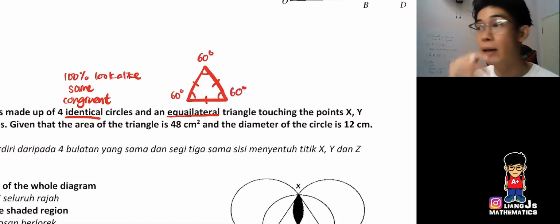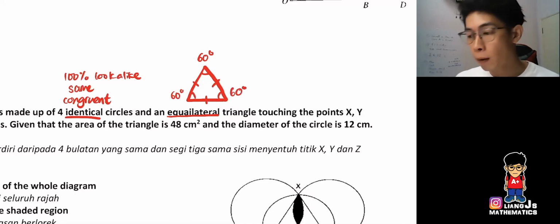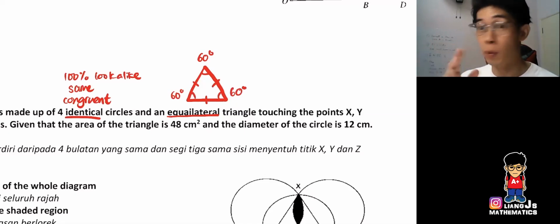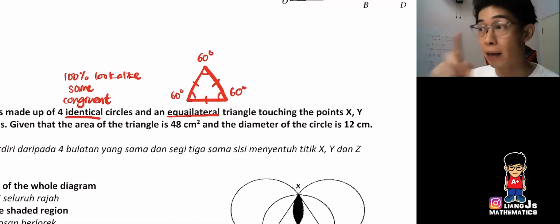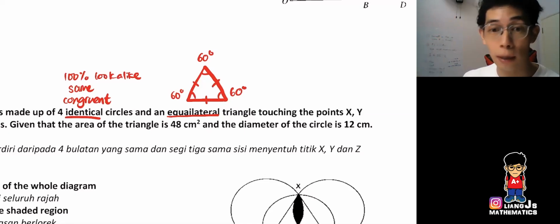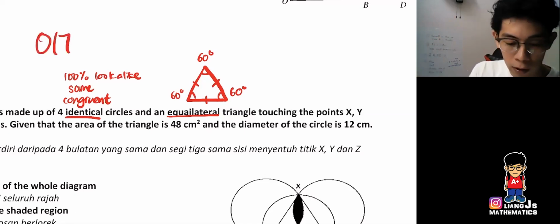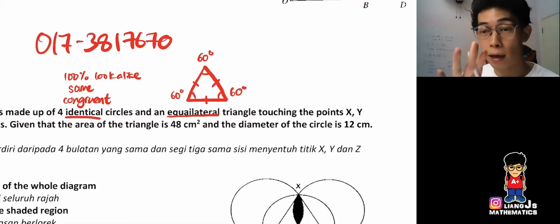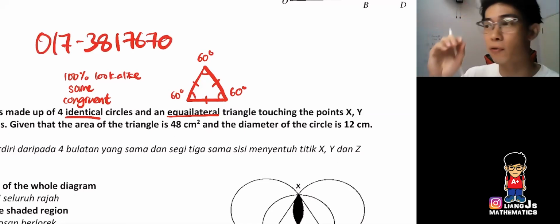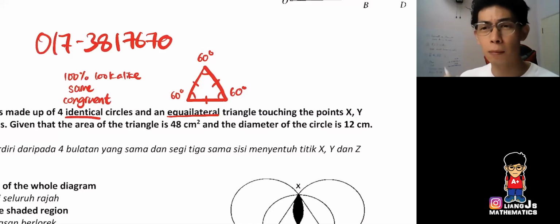Anyhow, students, because this class involves a lower standard, if there is any creative method that you have, go ahead. Of course, if you want to confirm with me, you can send it to my WhatsApp. I repeat, my WhatsApp is 01738176770. Just now in Mandarin class, students have been asking me, teacher, can I do this?